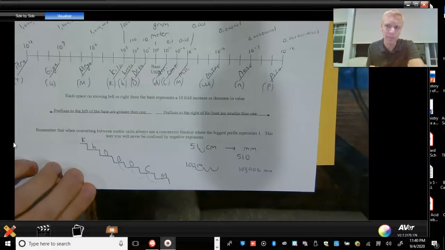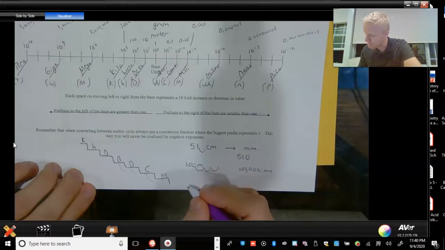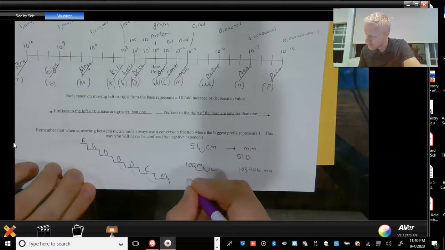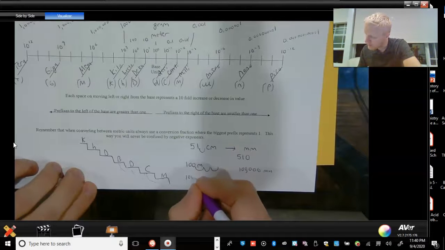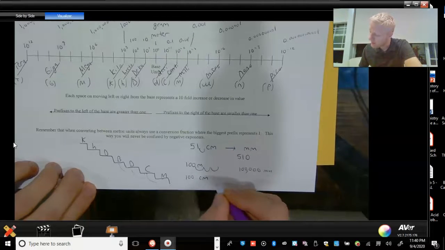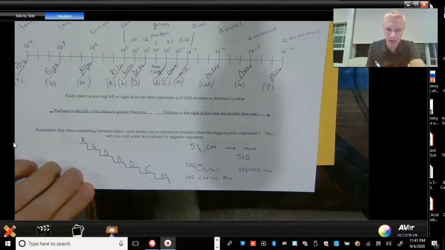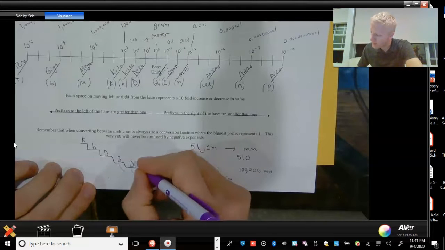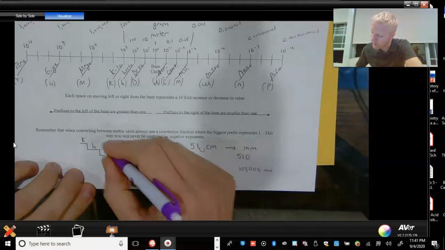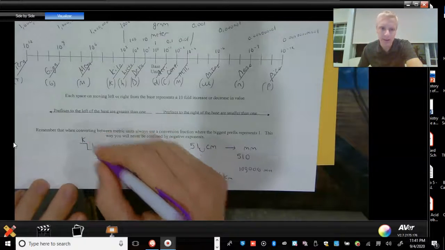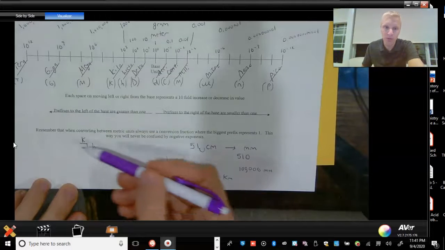Let's do one that's slightly different. Let's do 100 centimeters. And we want to convert it to kilometers. All right. So centi goes 1, 2, 3, 4, 5. That's 5 steps that we're moving to the left.